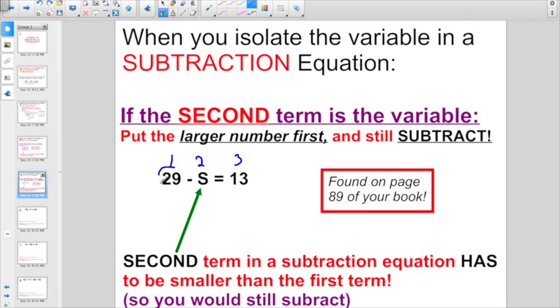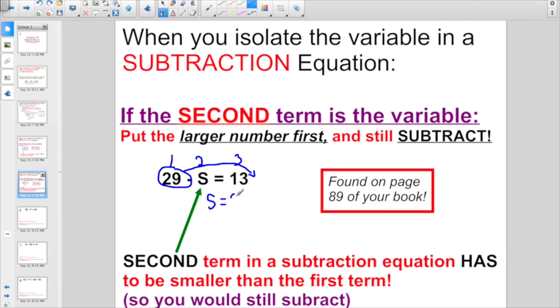So when it comes time to isolate the variable and I want to move it over to the other side, I'm going to start off. I did not circle S. I did not circle the equal sign, but the second term is the variable. I don't want to change it into plus. I want to put the larger number first. What's bigger, 29 or 13?